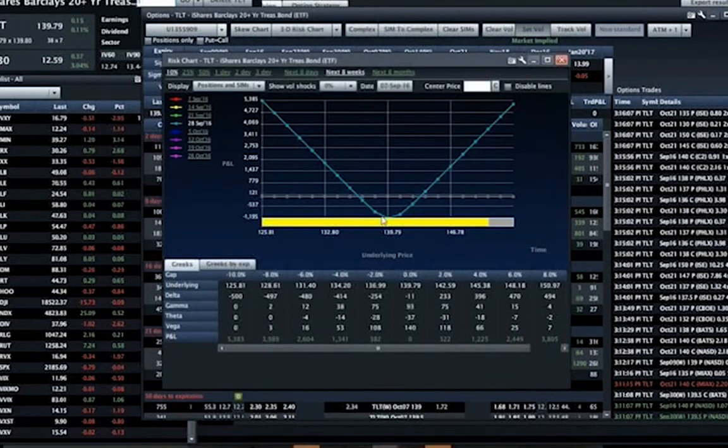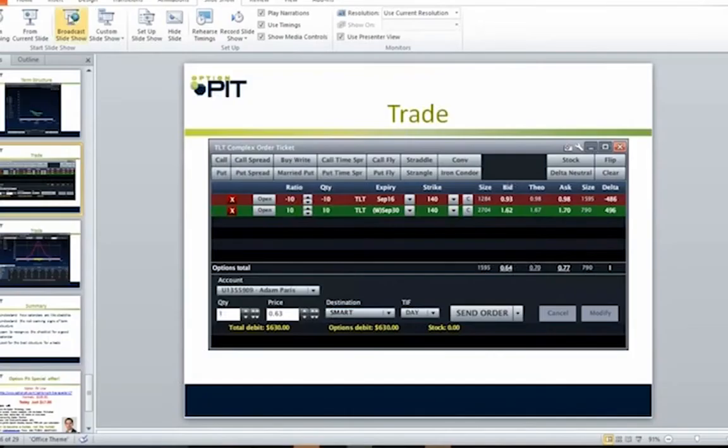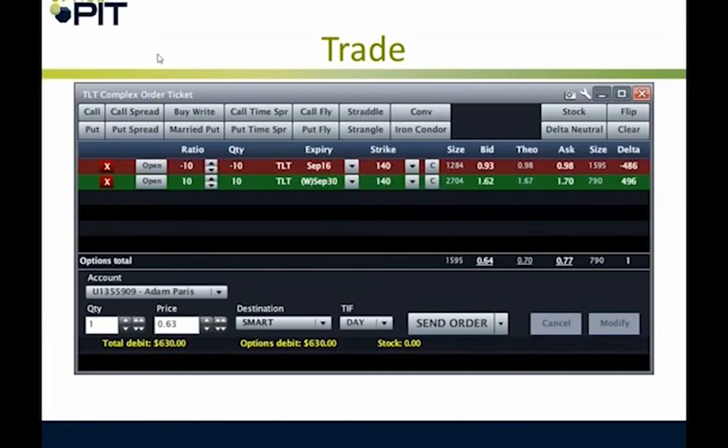But I'm left with it discounted by $2 from the straddle I had short in front of it. So I end up with an extremely inexpensive look at the Fed. So I can work my way into trades and positions that can be really beneficial to me into events.